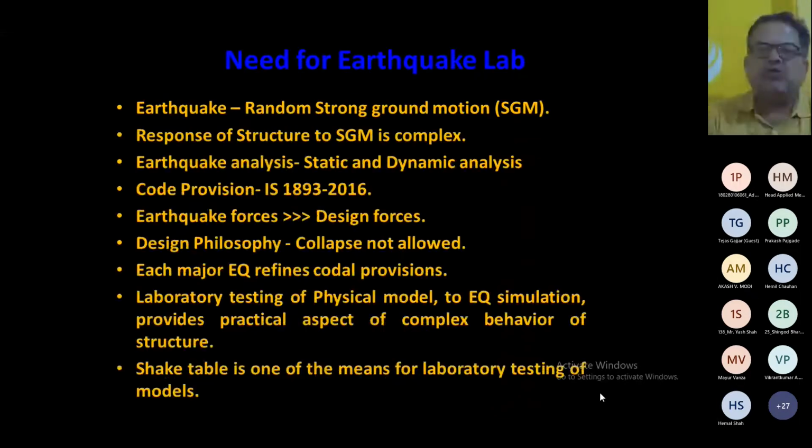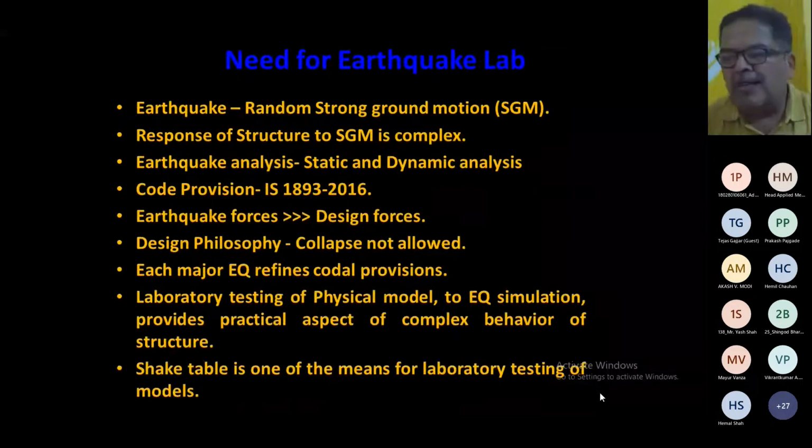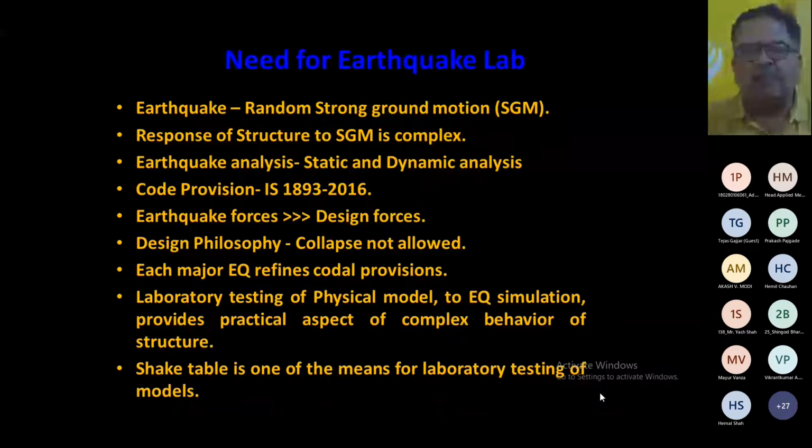And then we switched over to the need for the earthquake lab, and we said that the earthquake lab is required because the behavior of the structure is quite difficult to assess, because earthquake is a random strong ground motion, and that is the problem. And we are designing our structure for very small force, so design forces are very low as compared to the earthquake force.